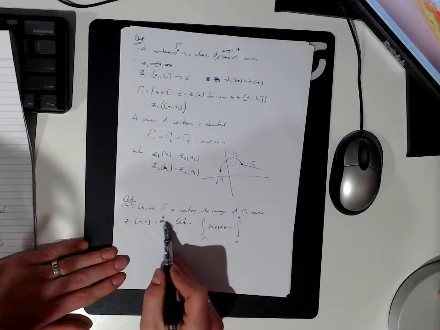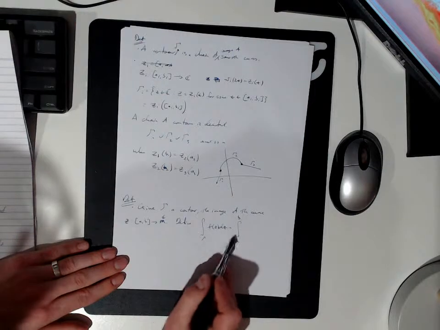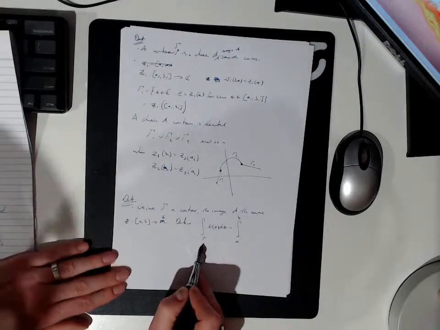z maps into the complex numbers, and I want to take an integral over the complex numbers. This is kind of a two-dimensional thing, except we're restricted to the set gamma.